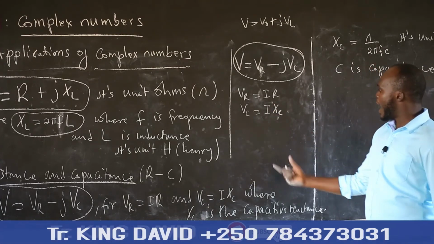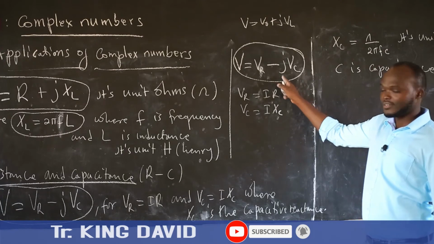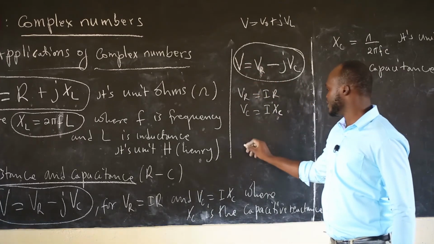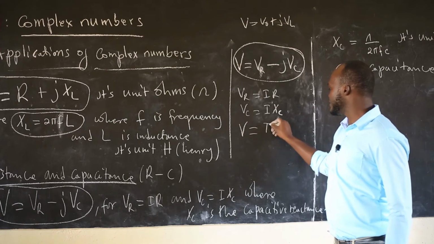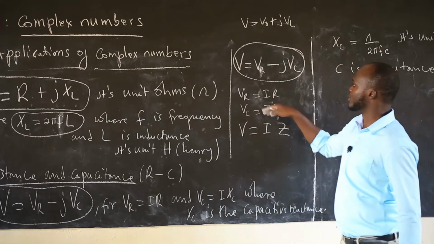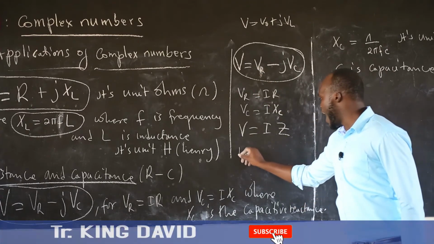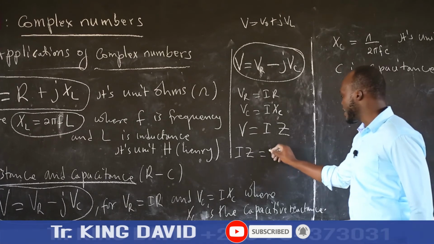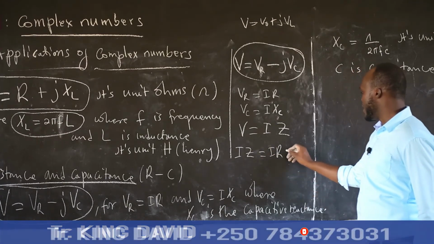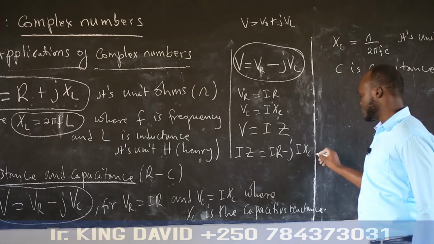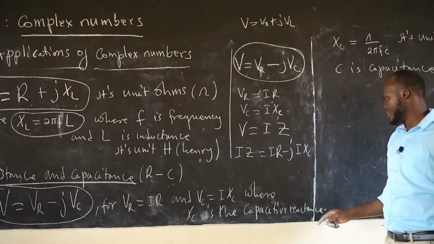Now I'm going to fix this in the formula. Capital V is current times the impedance, so it will be IZ equal to IR minus jIXC, which is capacitive reactance.